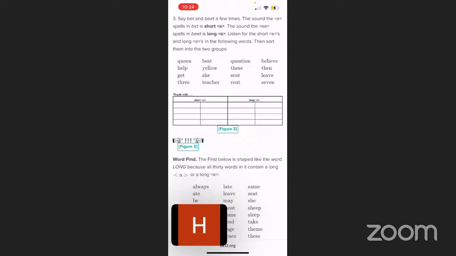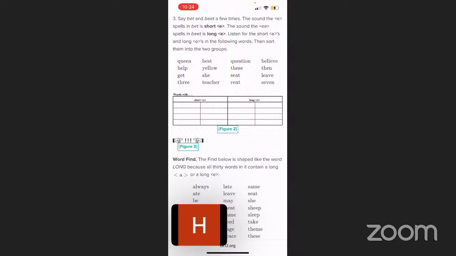Say bed and beat a few times. The sound that E spells in bed is short E, and the sound that EE spells in beat is long E. Listen to the short E's and long E's in the following words, then sort them into 2 groups. So what do you think queen is? Is it in the short E or long E? Long.